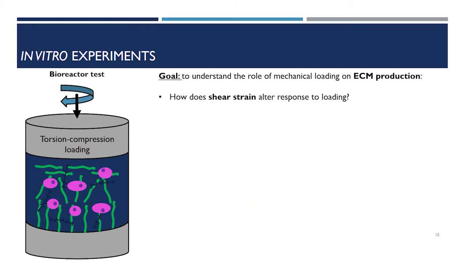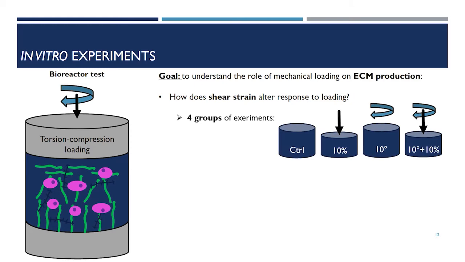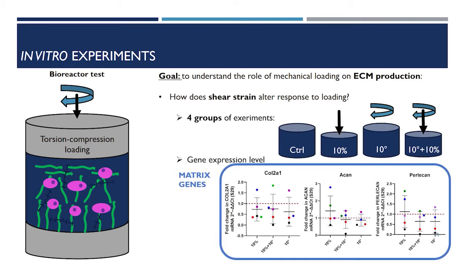Once these relations were clear, we investigated if the presence of shear strain would alter the response to loading. Therefore, we applied 10 degrees torsional loading in isolation as well as 10% compression combined with 10 degrees torsion. Interestingly, the previously observed downregulation of COL2A1 was not altered when adding shear loading.